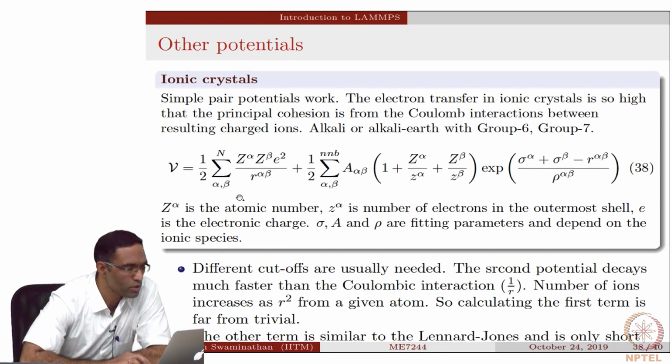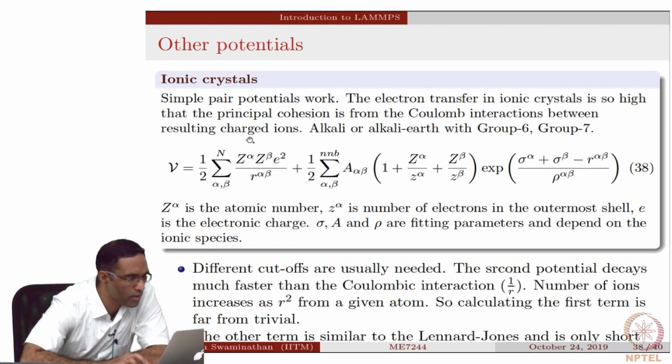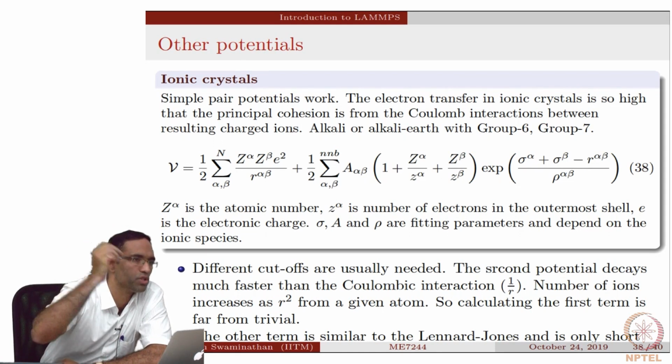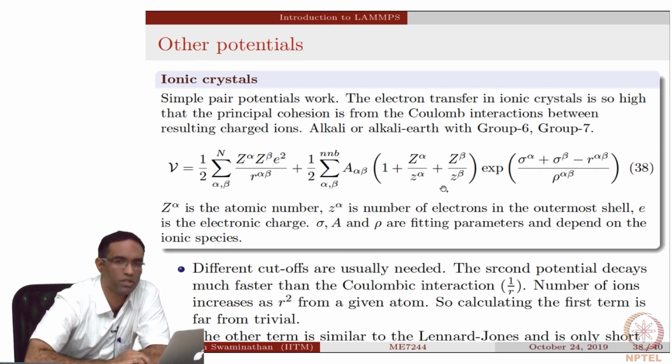Okay. So this potential looks like this. So you have a part which takes care of Coulombic interactions, and another part which is basically a short range interaction existing between the atoms. Now this part contains both repulsion and attraction depending upon the state of charges between the interacting ions, whereas this is exclusively repulsion.